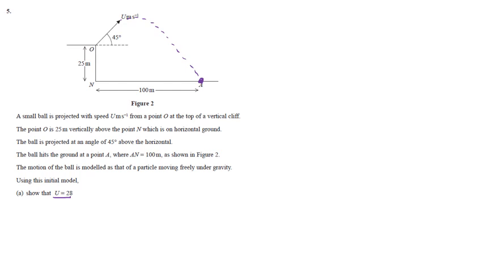So let's just do some resolving using SUVAT. So let's do vertically. Let's take upwards as positive. So if we start at O and then we end up 25 meters below where we started, then if I'm taking upwards as positive, I've gone minus 25 meters. Okay, so I should just say I'm using this equation, s equals ut plus a half at squared.